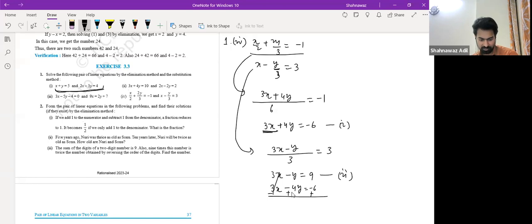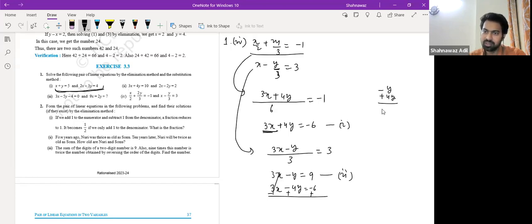Minus y plus 4y. So there is a negative, so you take 1 from 4.